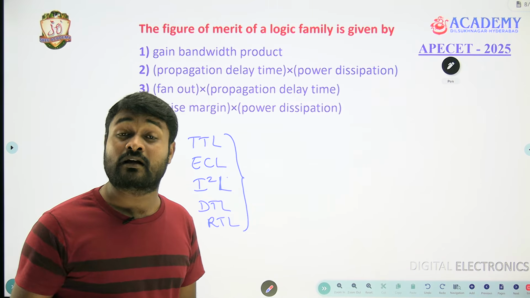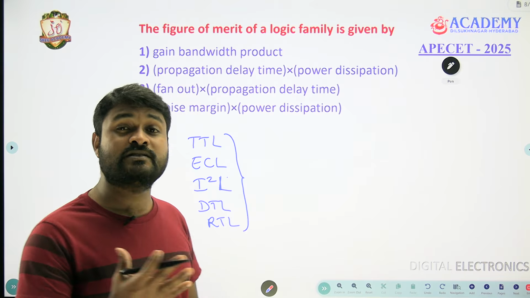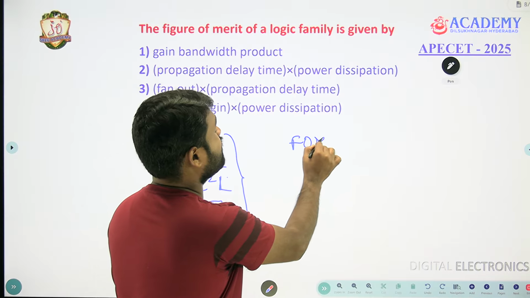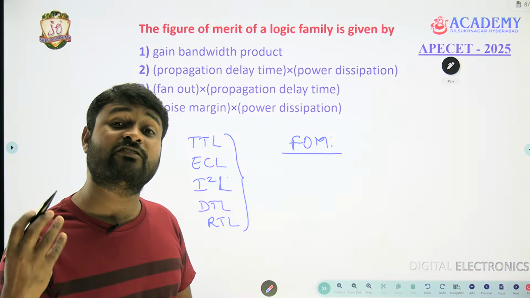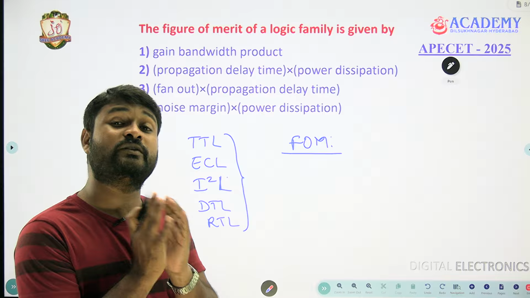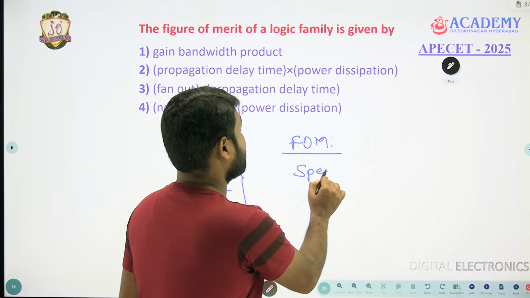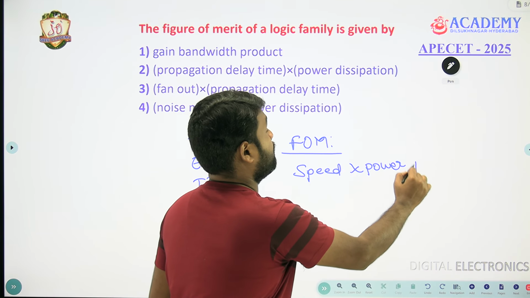Out of that, how will you tell which is good, which I want to take? That depends upon the FOM, figure of merit. What is the meaning of figure of merit? When you are choosing a technology, you should be familiar with 2 things: that is nothing but speed-power product.